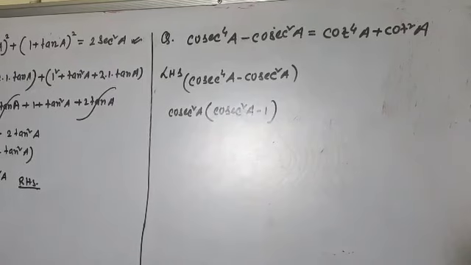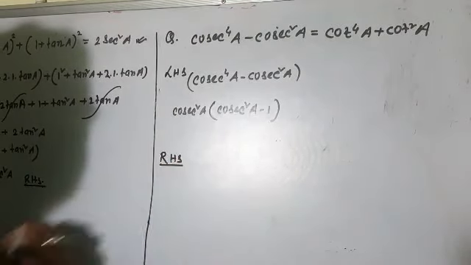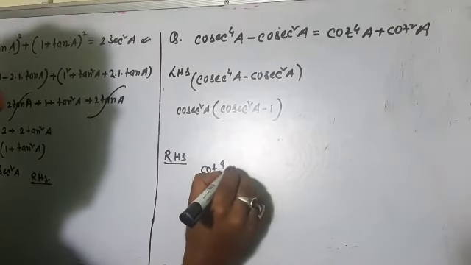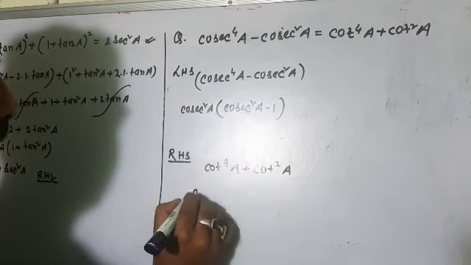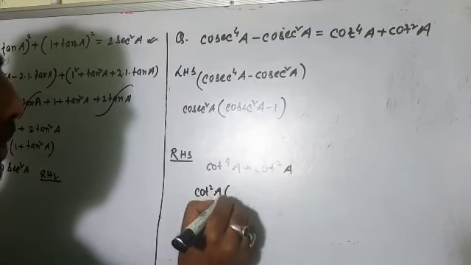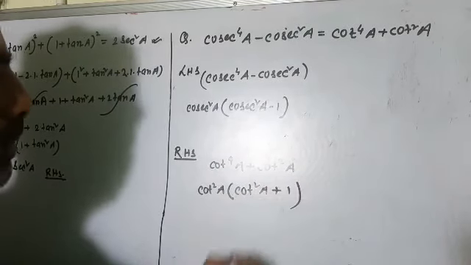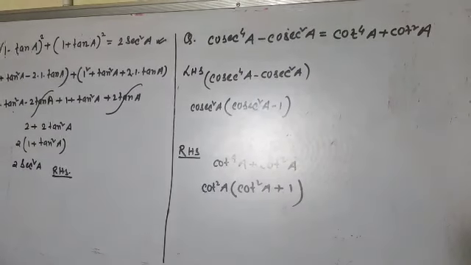Okay. Now you take RHS, cot to the power 4A plus cot square A. Here you take cot square A common. So here cot square A into (cot square A plus 1).